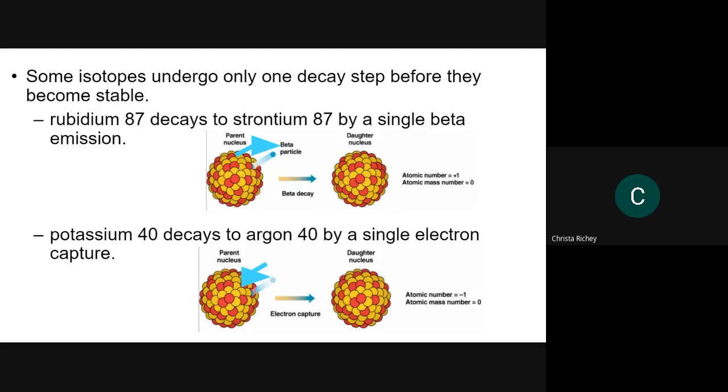But rubidium 87, if it decays, I have to cheat and look at my periodic table here. So rubidium 87 is Rb. Where are you at on this puppy? Just strontium, Sr. I just have to find it because I do not memorize the entire periodic table.